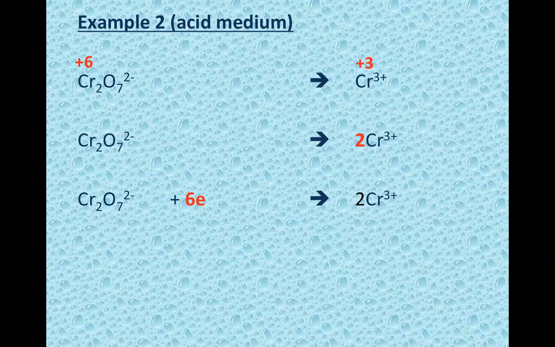If you recall, step 3, we have to add H+, since this reaction was carried out in the acidic medium, to balance the charge on both sides. If you calculate the charge, there's a 2 minus and there's 6 minus here. So overall, it's 8 minus on my left hand side.